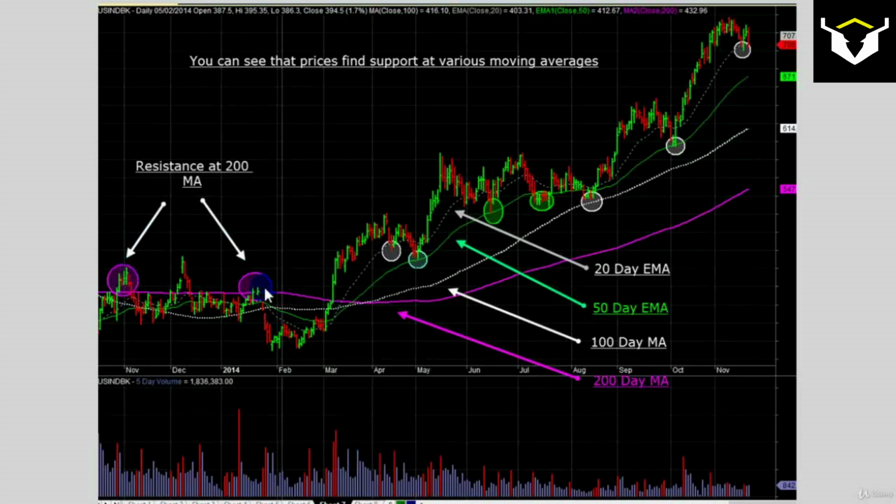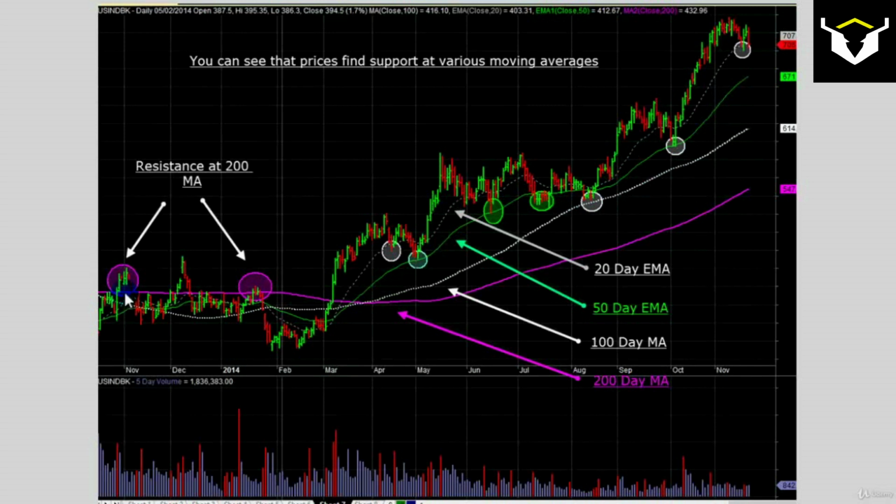Pink colored circles suggest that prices found resistance at the 200 moving average. White colored circles will suggest that they found support or resistance at the 20 EMA. Green color will suggest that prices found support or resistance at their 50 EMA. And this white color shows that prices found support at their 100 simple moving average.